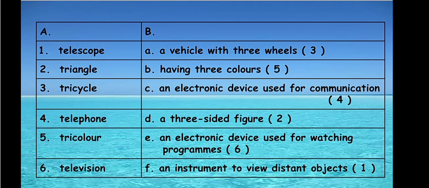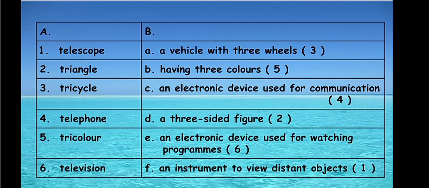For that we use telescope. Second one, triangle. Tri means 3. Now find the meaning for the word triangle. Which is the answer, children? It's D. A 3-sided figure. Triangle is a 3-sided figure. You can write 2 over there.